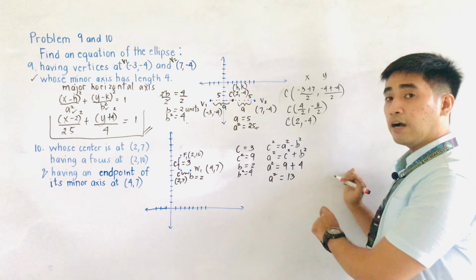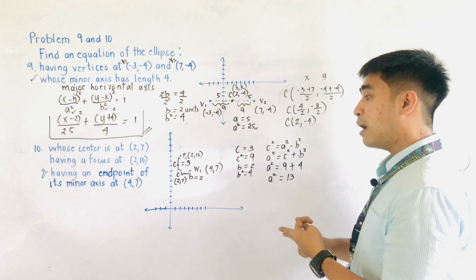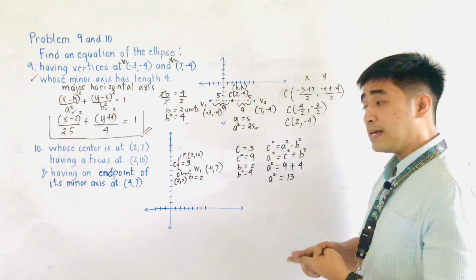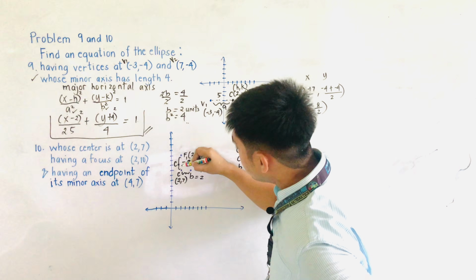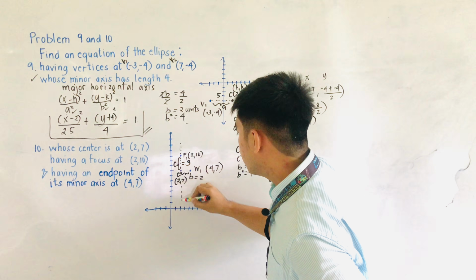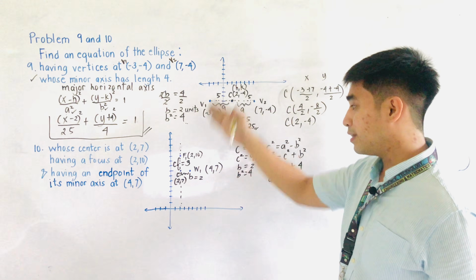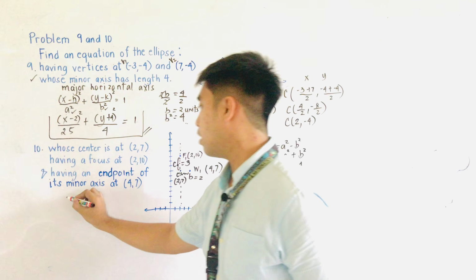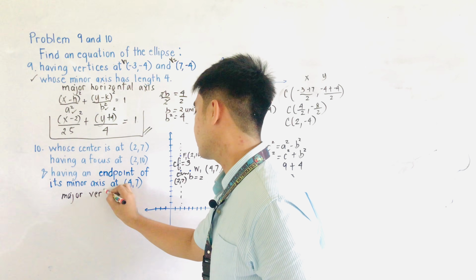Since we now have the values of a², b², and c², we're now ready to identify the major axis. Based on the given, we could say that the focus lies on the y, on the vertical line. Therefore, we will now be having a major vertical axis.